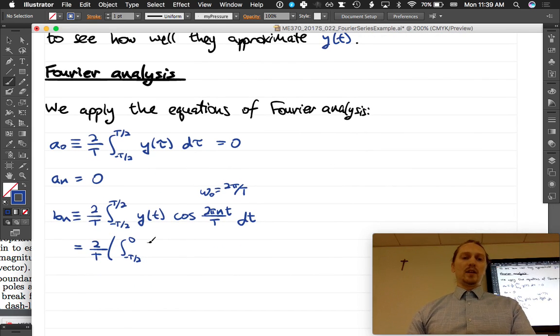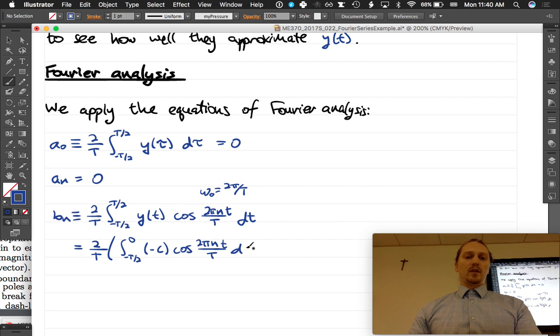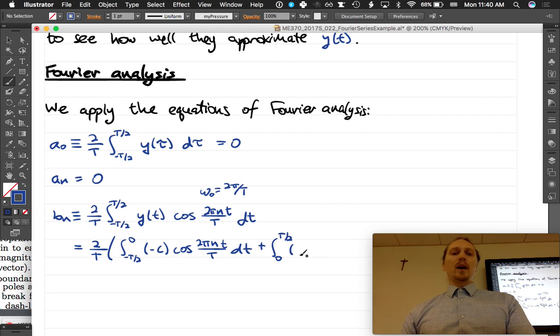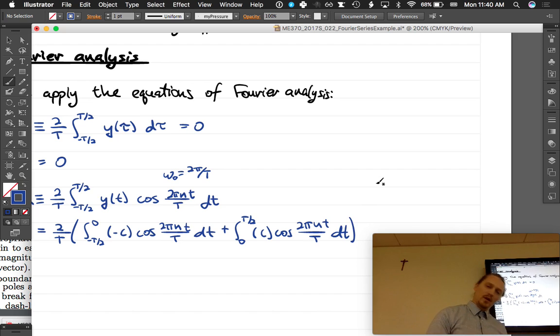It's just negative C. So we'll plug in negative C times cosine of 2 pi n t divided by T dt. And then we're going to add the integral from 0 to T over 2. And what is y of t during that? C. Cosine 2 pi n t over T dt. Close that parenthesis.